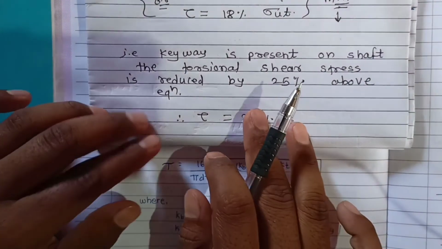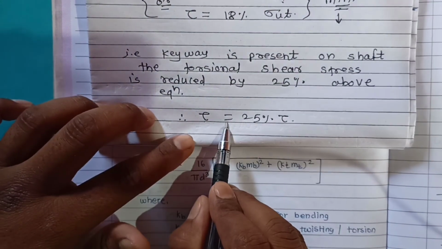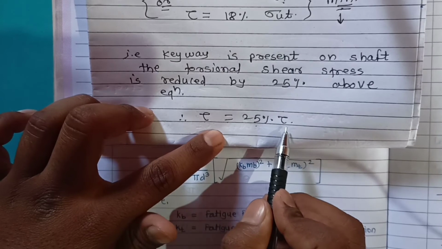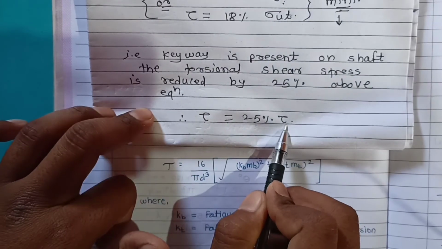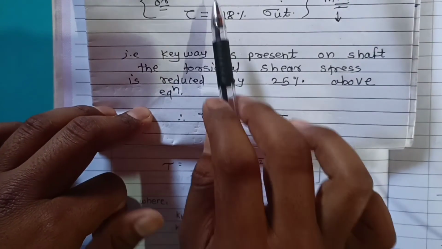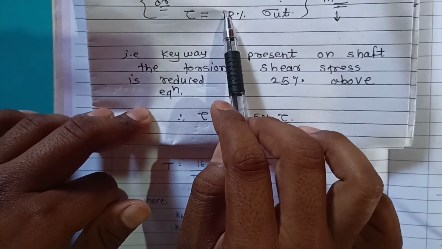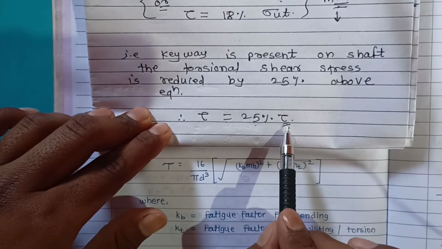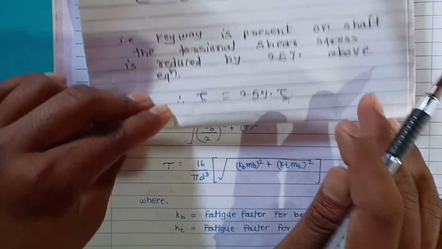Now it is represented as tau is equal to 25% into tau, and this tau is calculated from these equations.